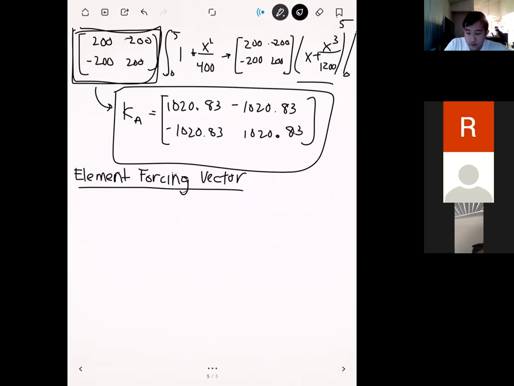Once we plug in 5, we get some factor, 5 plus 5 cubed over 1200. And then that constant factor is going to multiply into every element of this matrix right here. And so that's how we get this 2x2. So the integral basically just ends up being a scale factor for the matrix that we had already computed before.